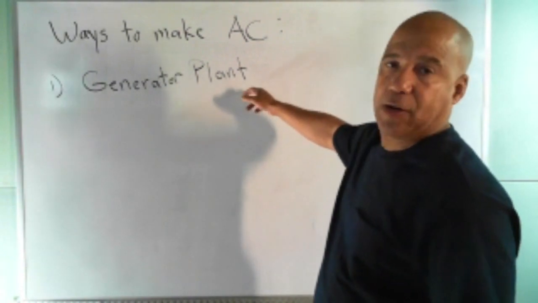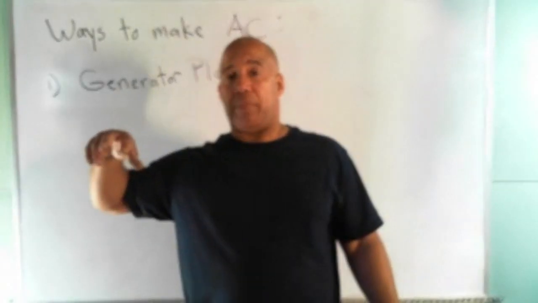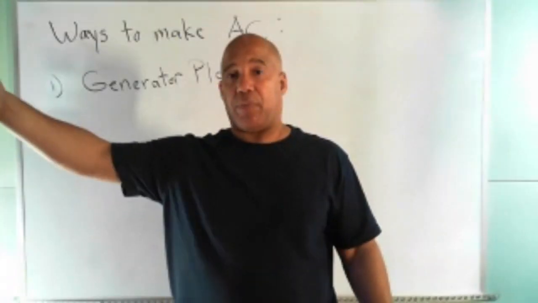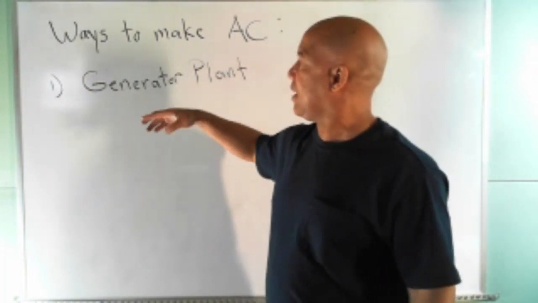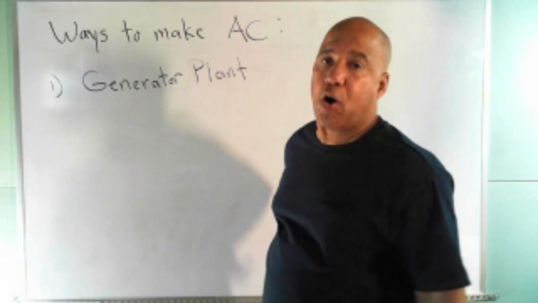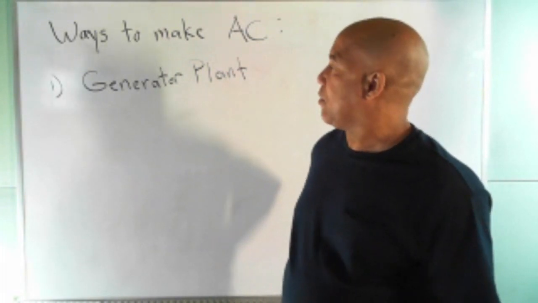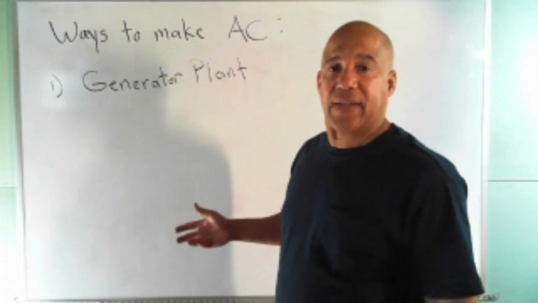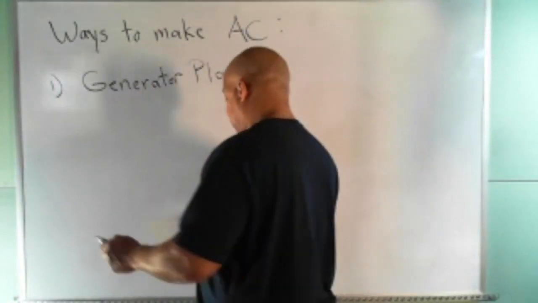They use a generator plant. And when you look at that document I'm talking about on Blackboard, you'll see a generator plant. Now these generator plants can be, the one that we use around here is coal operated. They burn coal. But it can be powered different ways. So we'll get into some details of that. But one way is a generator plant.